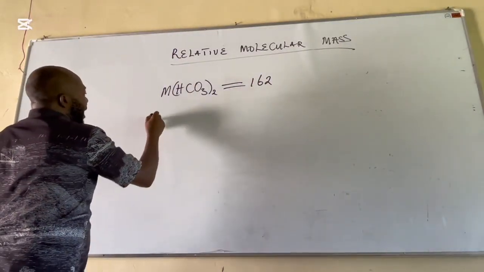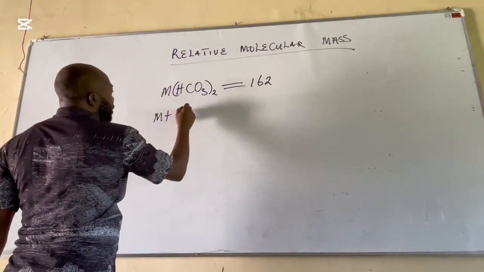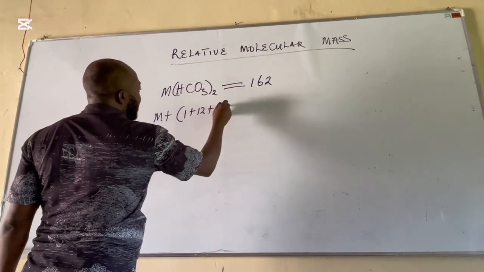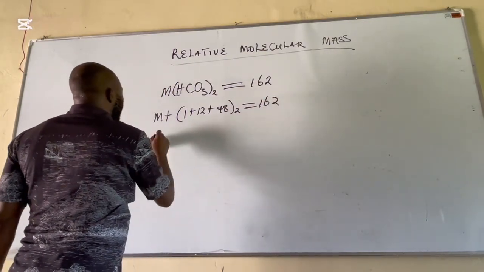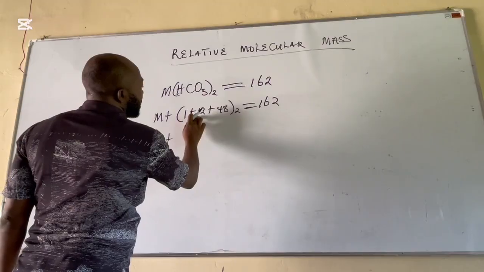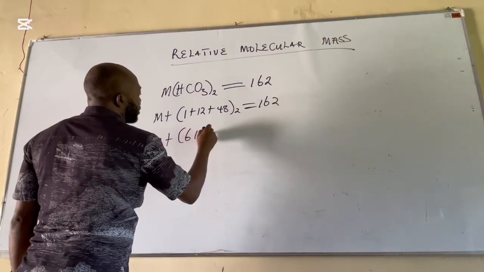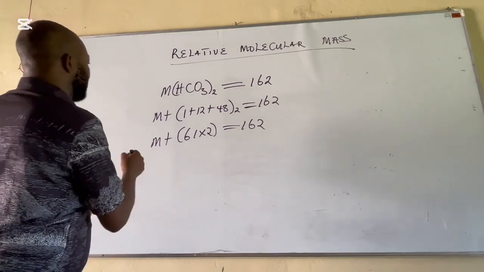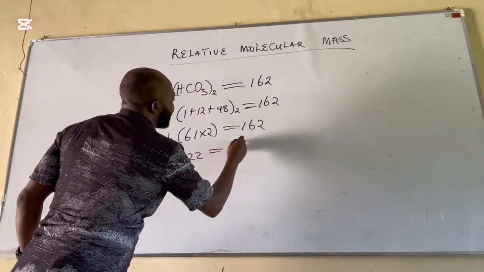So, my M plus, I don't know what M is, but I have to continue. Hydrogen is 1 plus carbon is 12 plus oxygen is 16 times 3, which is 48, from bracket 2 is equal to 162. M plus 40, 50, 61. 61 times 2 is what? 122. 122 is equals to 162.